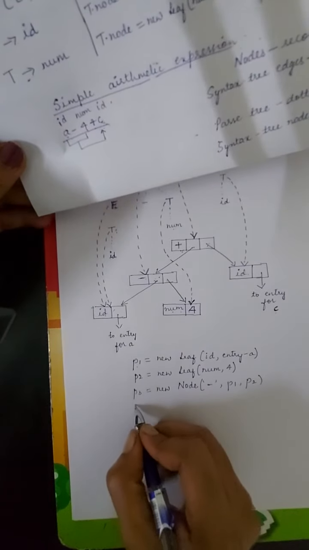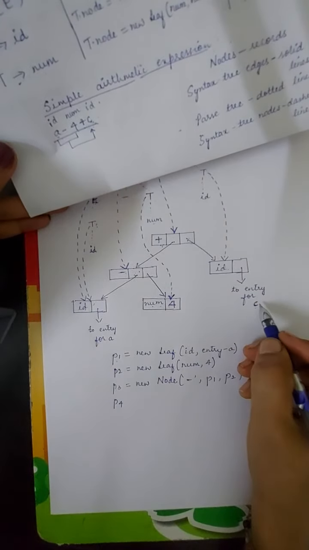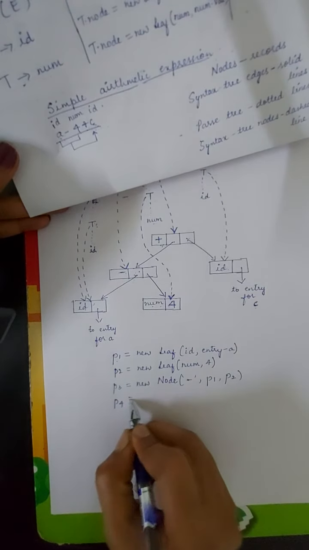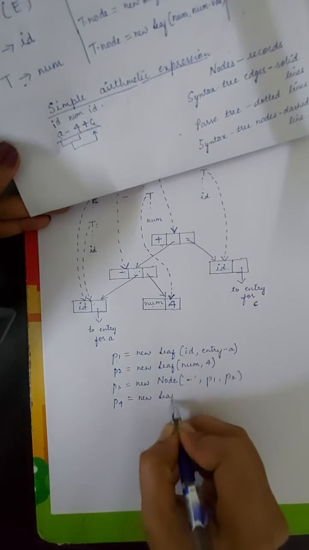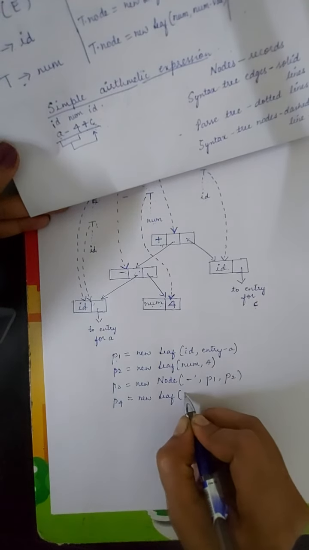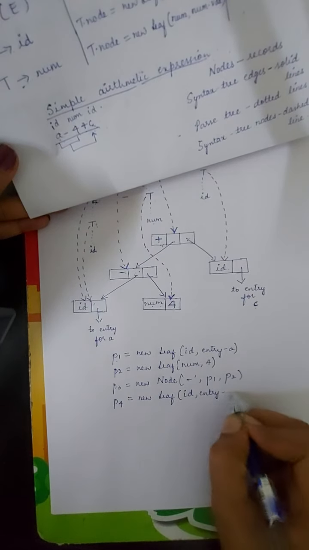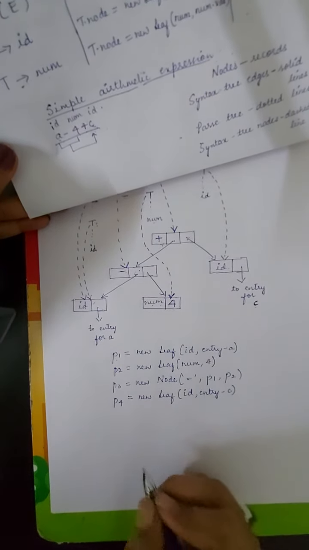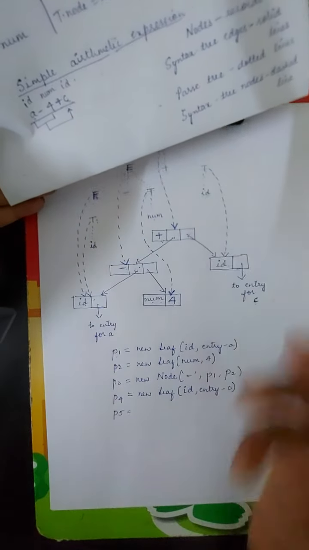Alright, next the fourth production over here is for this identifier. So it is a leaf, right? So the constructor function that I have used is new leaf ID and field to enter C. And what is P5 now? P5 is this one. Okay.